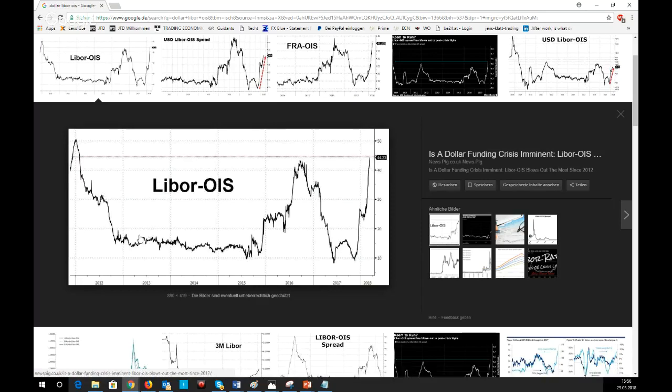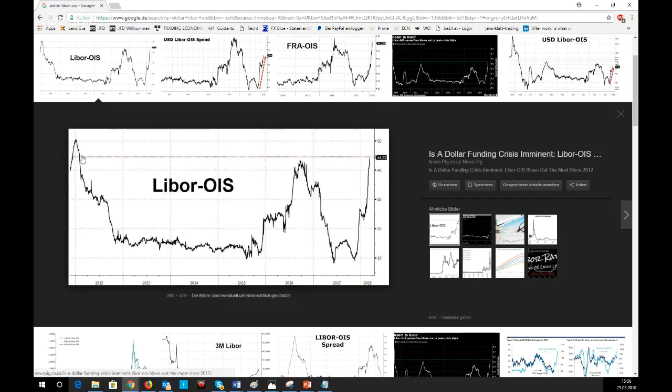This didn't happen for quite a while now, but from the beginning of 2018 onwards, the LIBOR-OIS spread started to widen again to the highest levels for at least the last, I'm not sure, 5 or 6 years. And this is showing some potential uncertainty building in the credit markets, potential credit crunches forming.